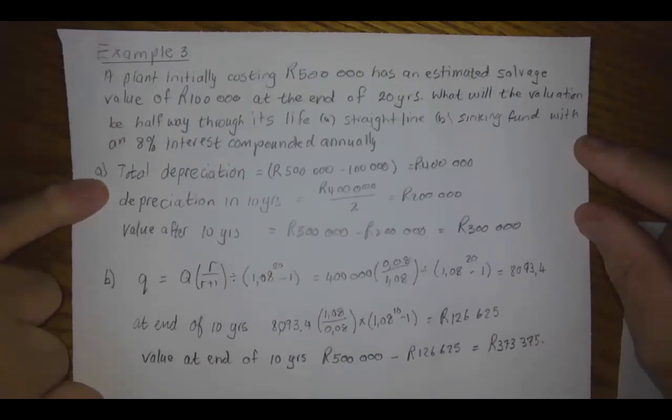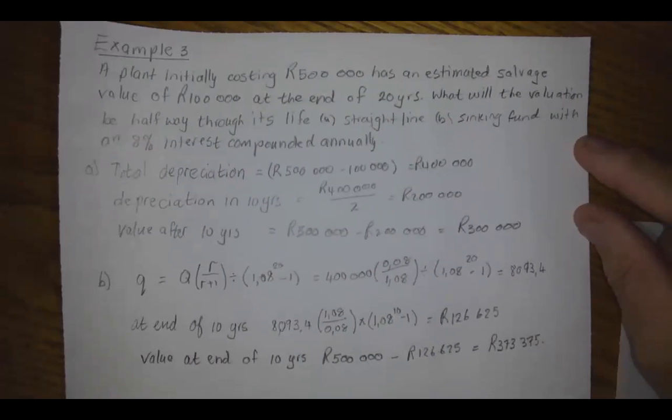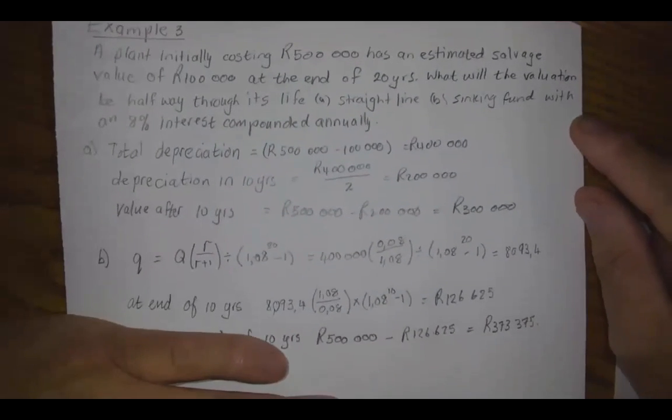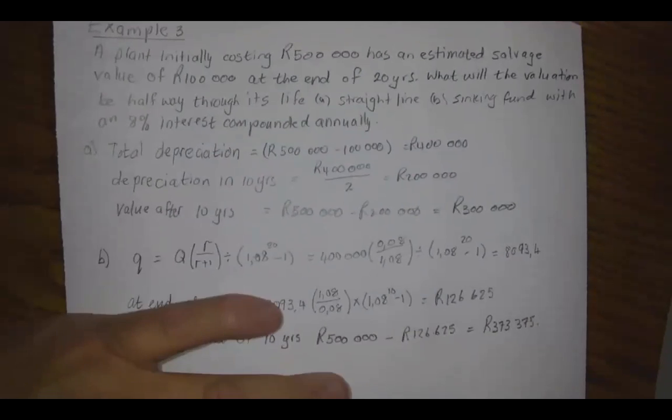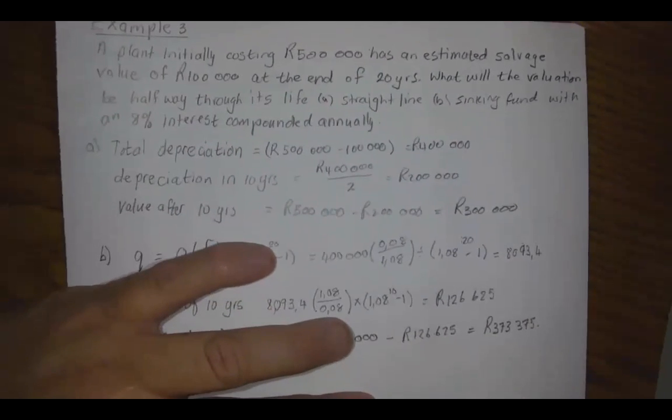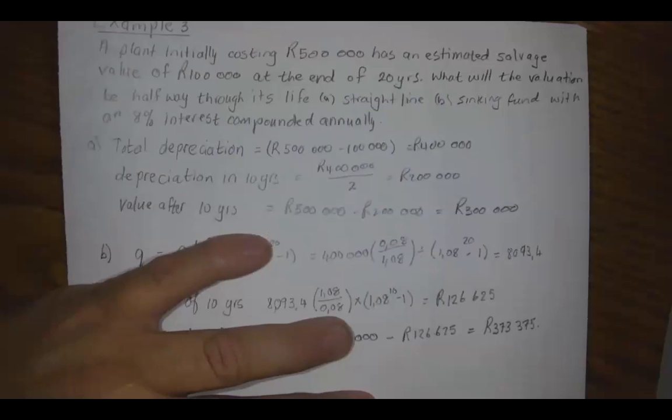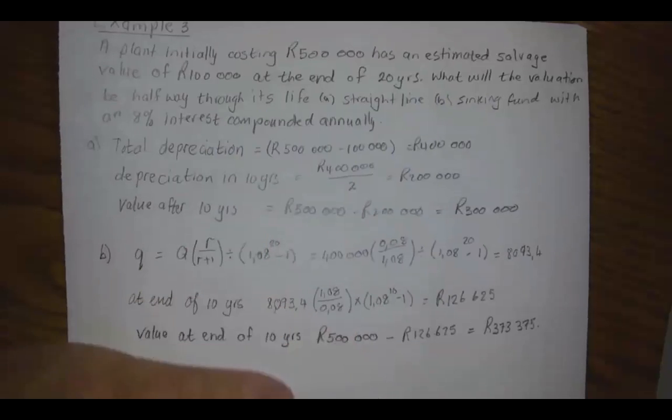So the total depreciation is 500,000 minus 100,000, that gives us 400,000. So the depreciation in 10 years, that will be half-life, so that's 400,000 divided by 2 means it's 200,000. So the value after 10 years will be 500,000 minus 200,000, which gives us 300,000.